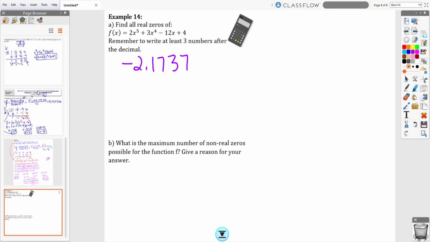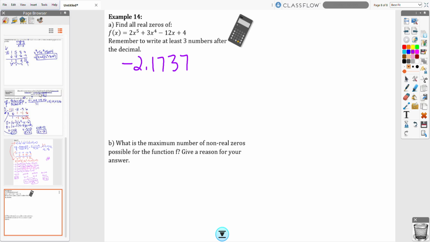Now, again, we need to be to the left of our x-intercept. So I'm actually going to arrow to the right to get closer to it. My cursor's off the screen, but if I keep going, I'll see it again. There it is. So my 0 is right about here. So I'm going to go to the left of it a little bit. So right about here is going to be to the left of my x-axis. So I'm going to hit enter.